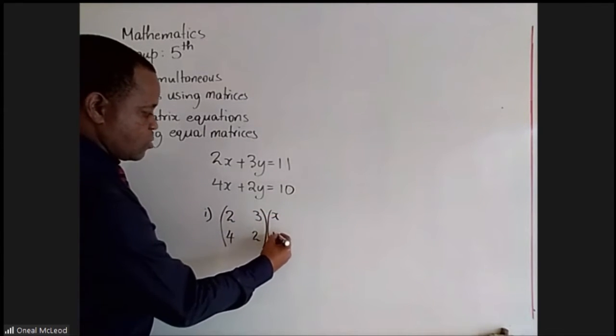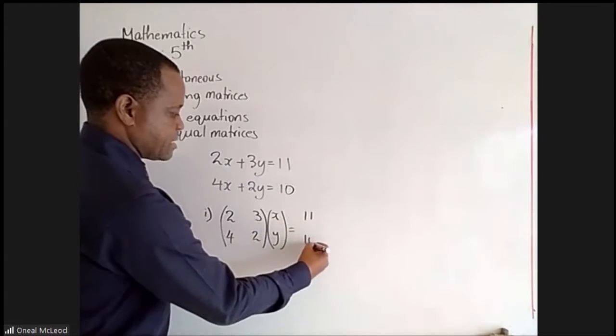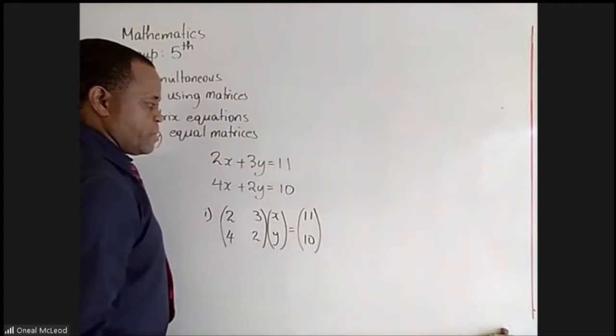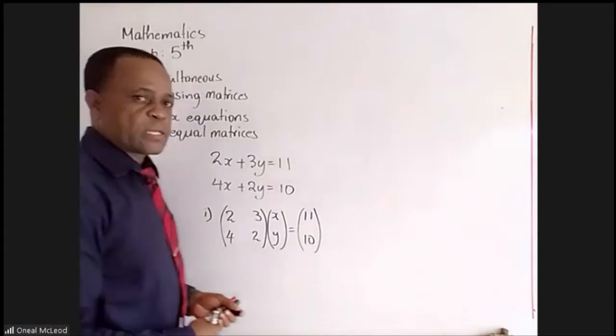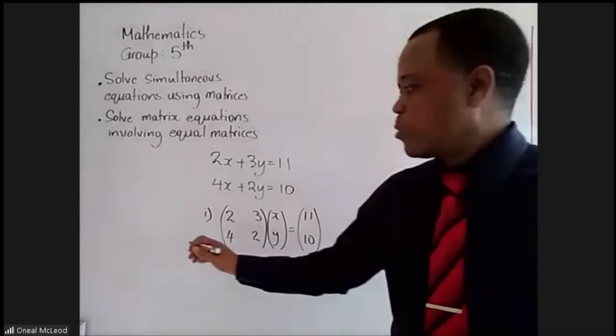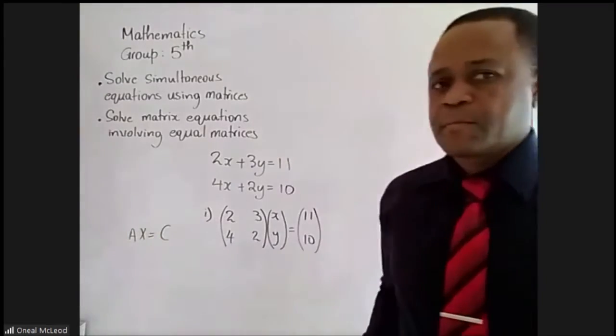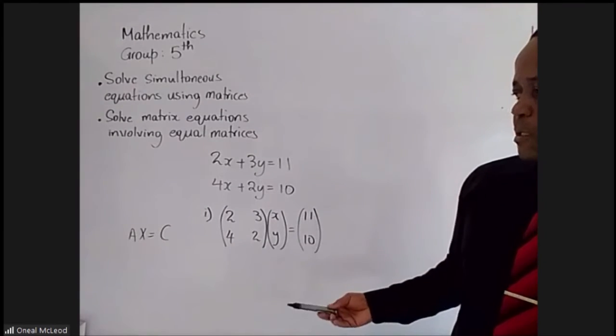Then we would have x and y, and this is now equal to 11 and 10. Remember that the last time we looked at that, we said that the matrix form would have been AX equals to C. That's the matrix form that we're talking about.